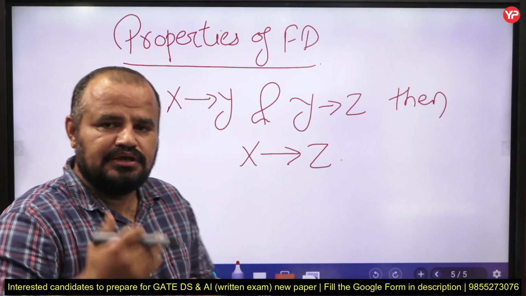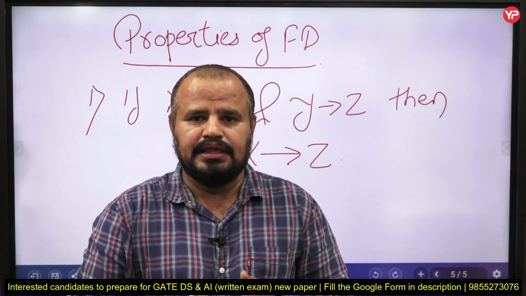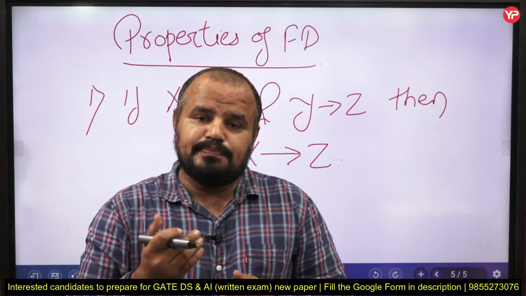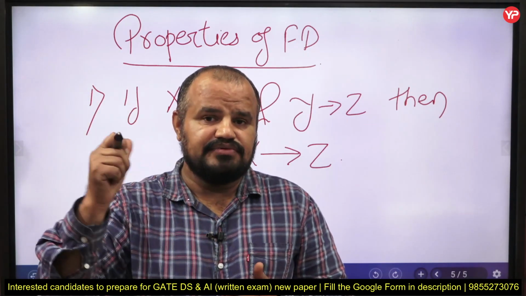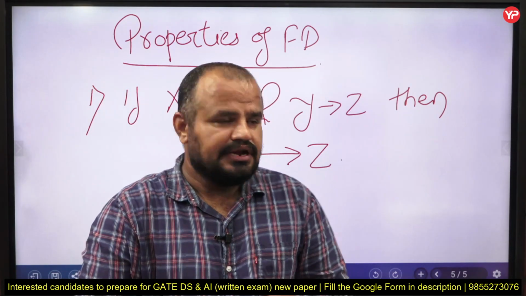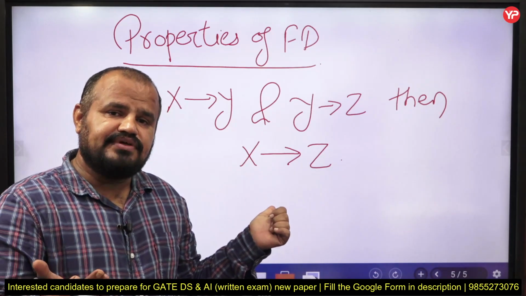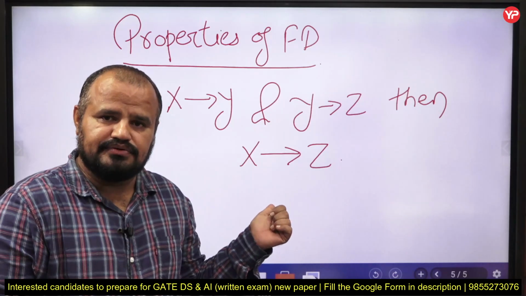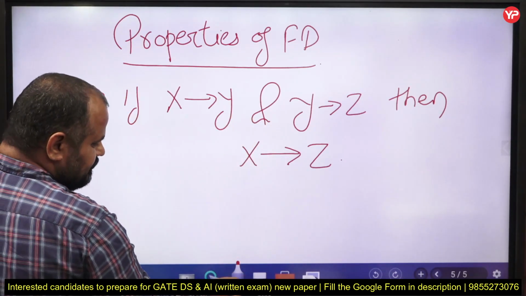See, my dear students, with the help of roll number, I can uniquely determine name, and with the help of name, suppose I am uniquely determining marks, then we can say that with the help of roll number, I can uniquely determine marks. It is a transitive property. 2 is less than 3, 3 is less than 4, it means 2 is less than 4. That is the case.